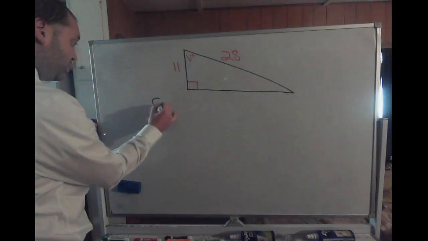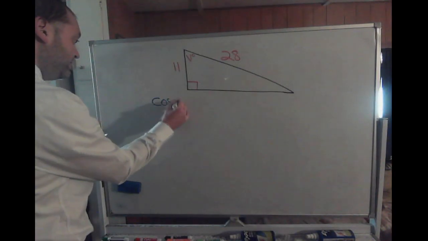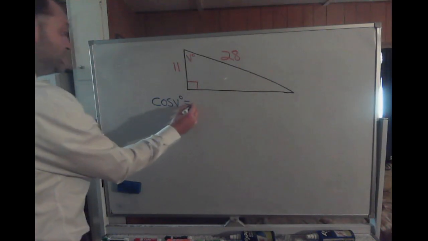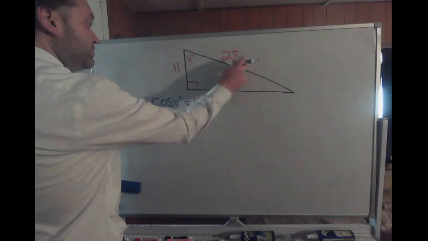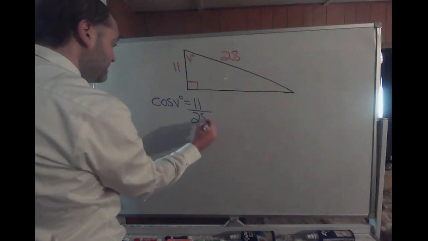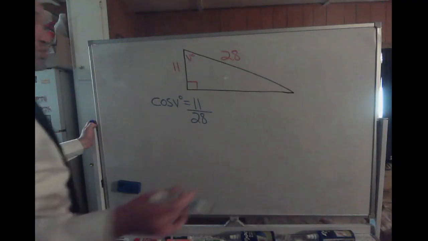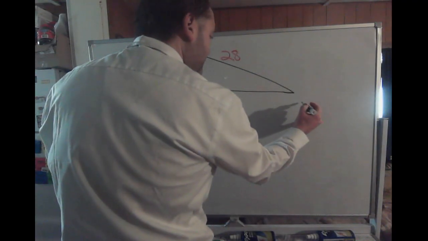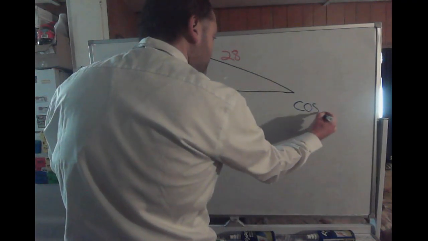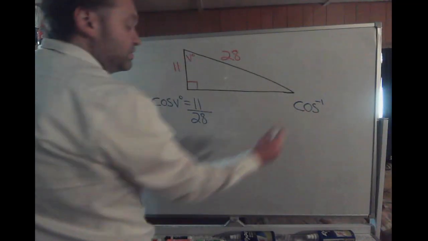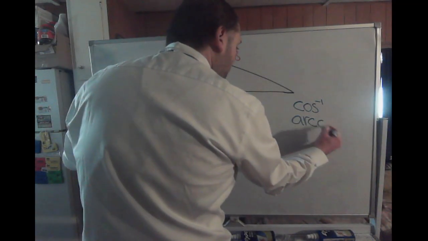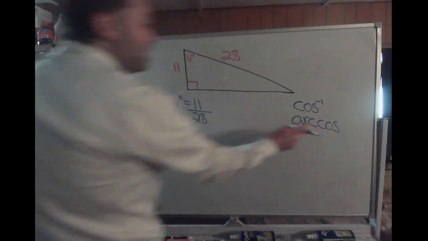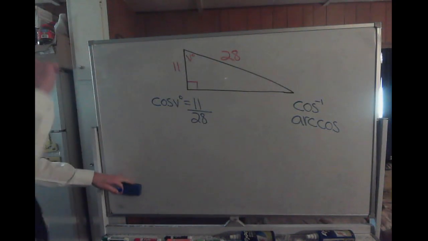Nonetheless, we'll set up the cosine of V degrees is equal to the length of the adjacent leg of 11 over the hypotenuse being 28. And then, yes, you guessed it, on your calculator, you're going to end up using the cosine inverse, the cosine to the -1, or arc cosine, depending upon what your calculator says.